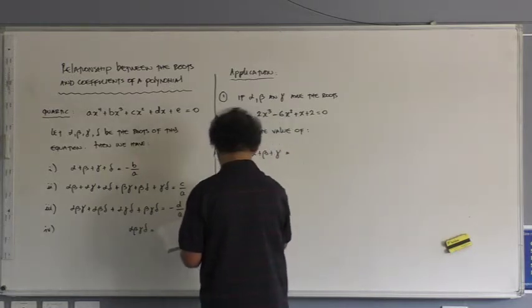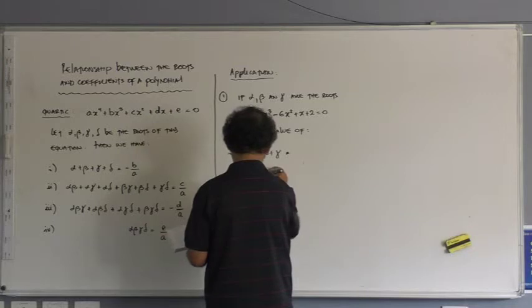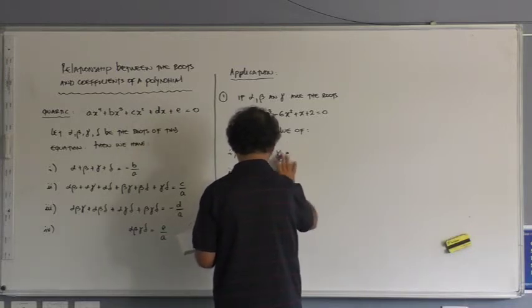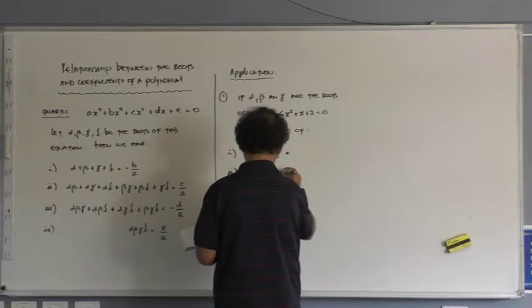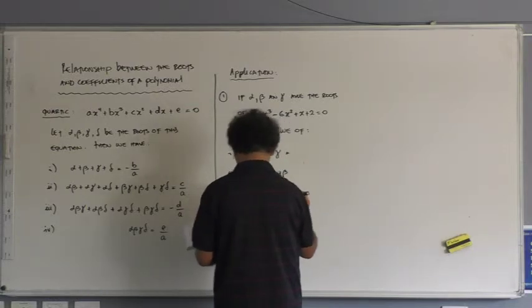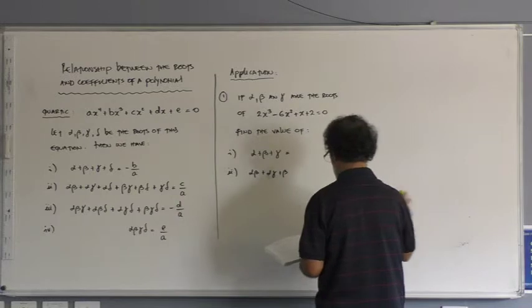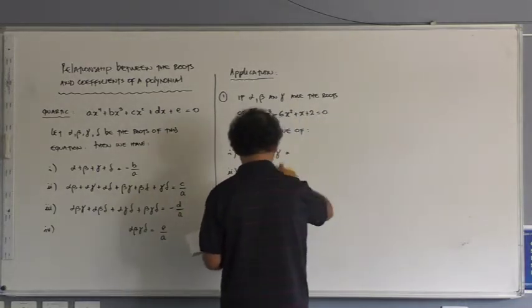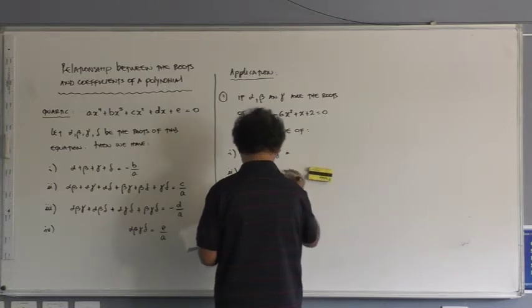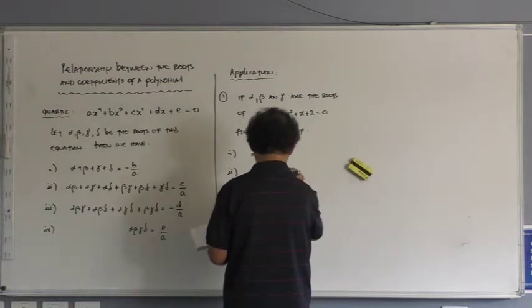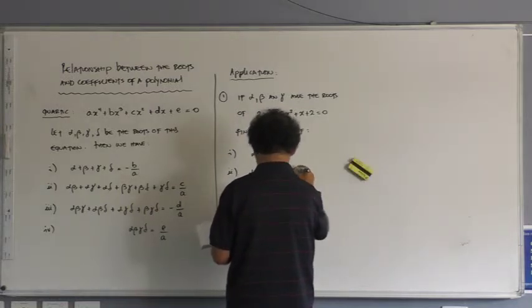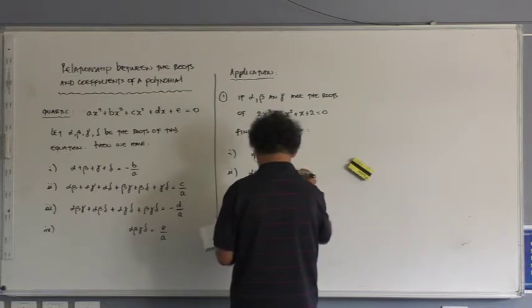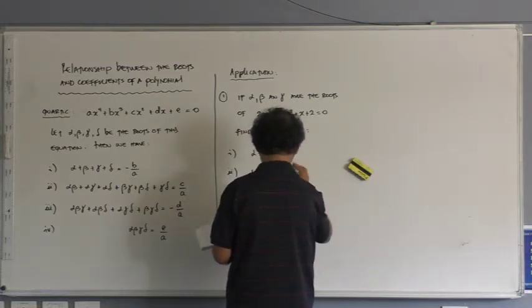Number 2, alpha beta plus alpha gamma plus beta gamma. So we need to find the answer for that.